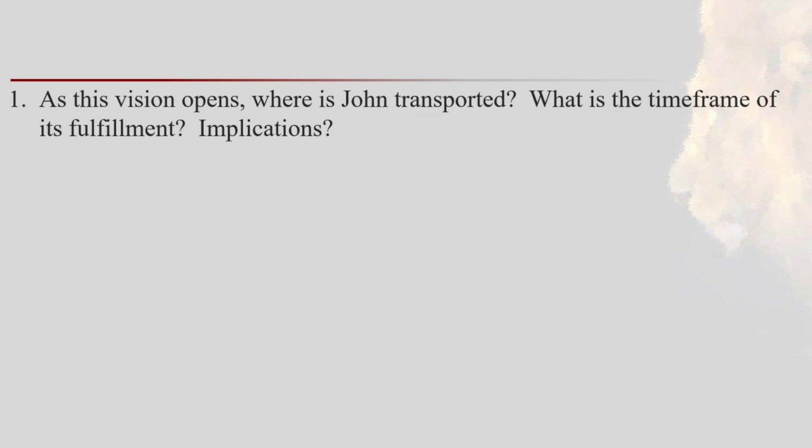All right, so opening up chapter 4, as this vision opens, where is John transported? He is transported to heaven. All right, he goes to heaven. What is the time frame of the fulfillment?